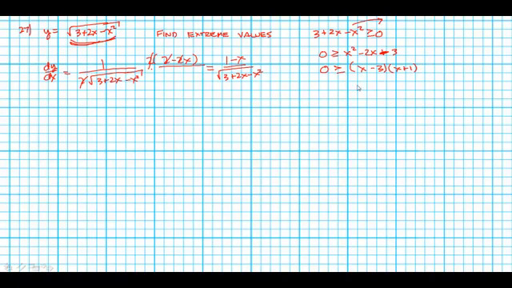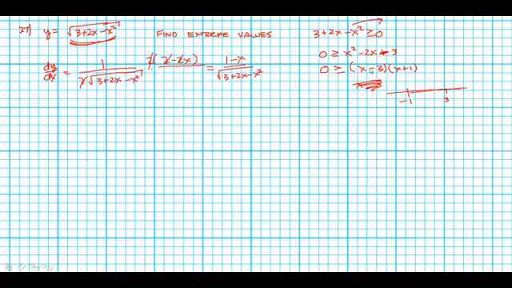This happens when x is certainly equal to 3. Let's just do it this way. When x is 3 and when x is negative 1, we have zeros out of this expression.